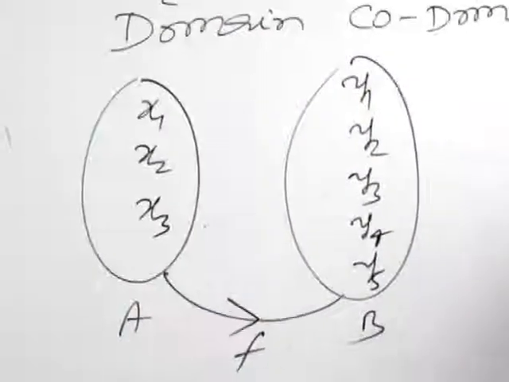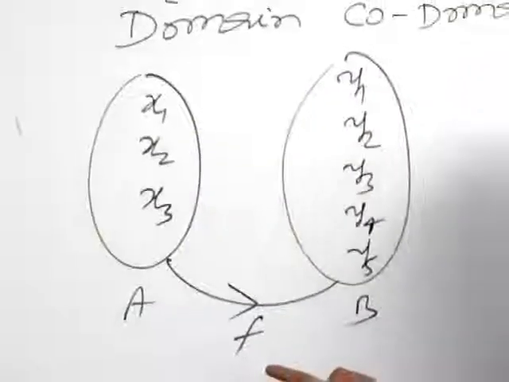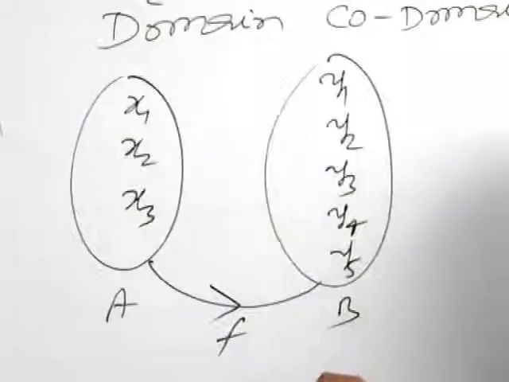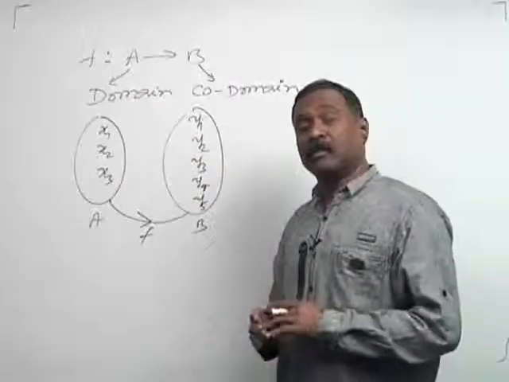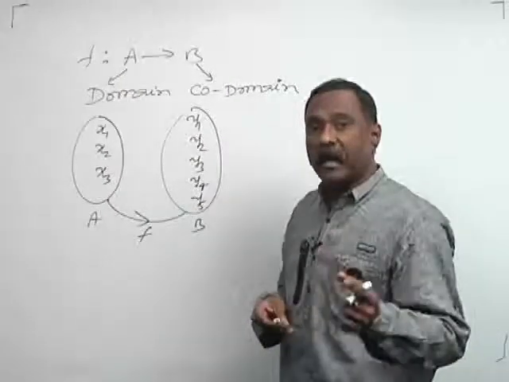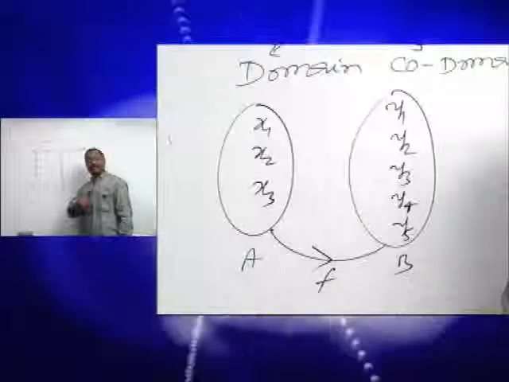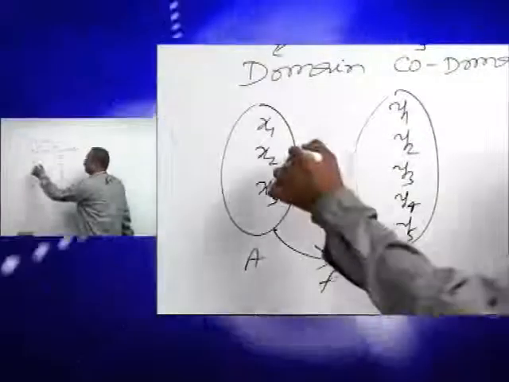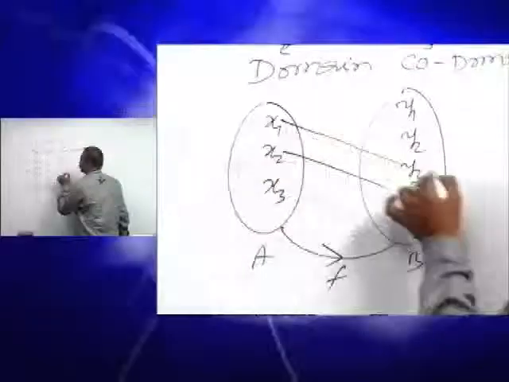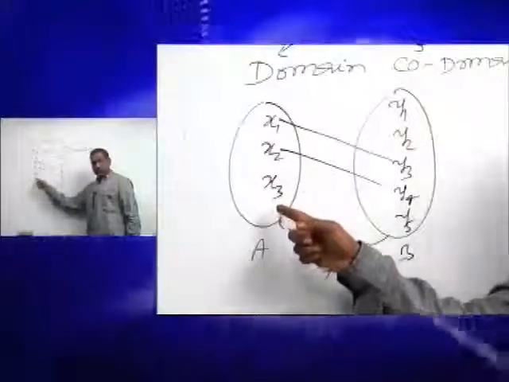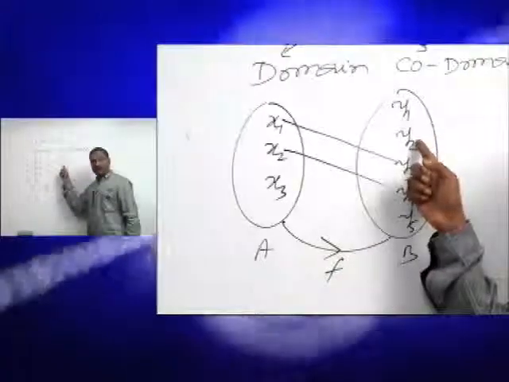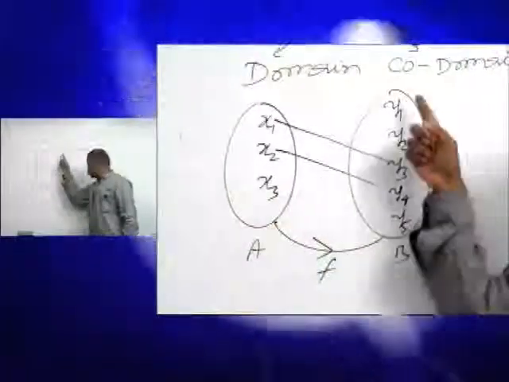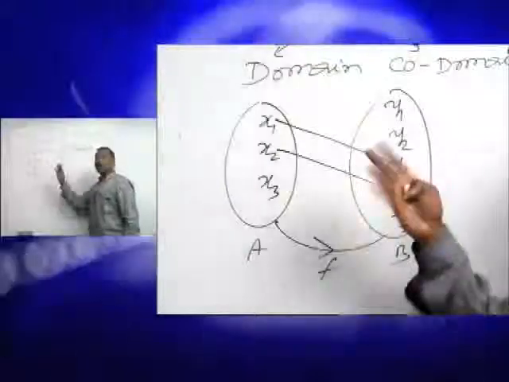Let me say, if f is to be a function, then what is the rule to be followed? You will better understand a function if you understand what is not a function. What is not a function? If any element of the domain is without association to the set B, then it is not a function.